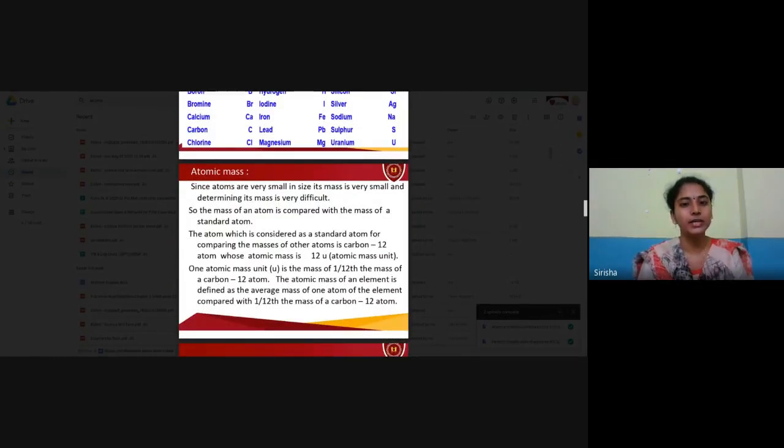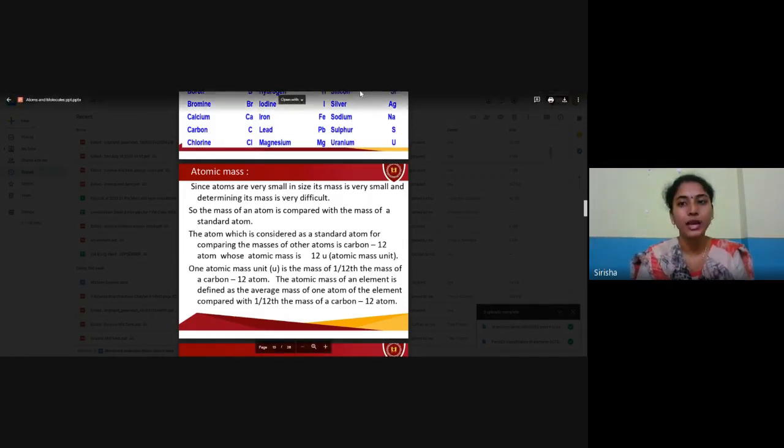Now let us see what atomic mass is. Since atoms are very small in size, their mass is also very small, and determining it is very difficult. So the mass of an atom is compared with the mass of a standard atom. As it is very difficult, we should compare the mass of an atom with some standard thing, so that it makes our work easier.